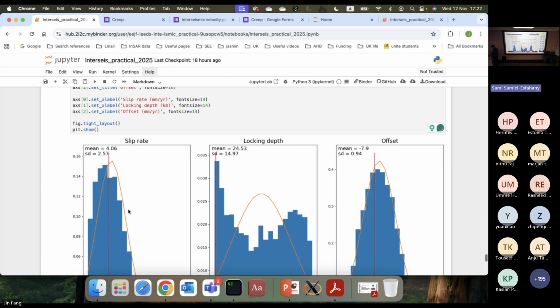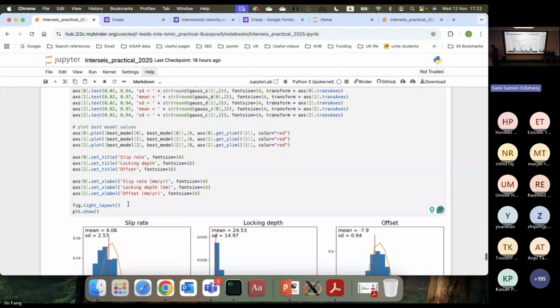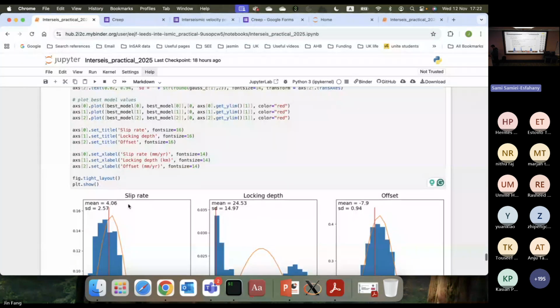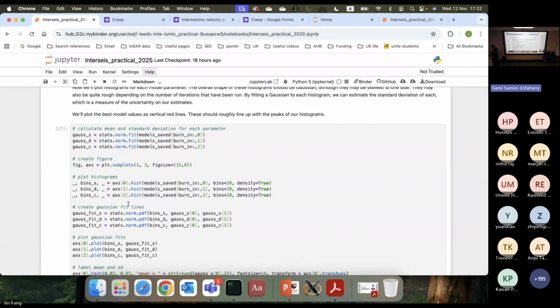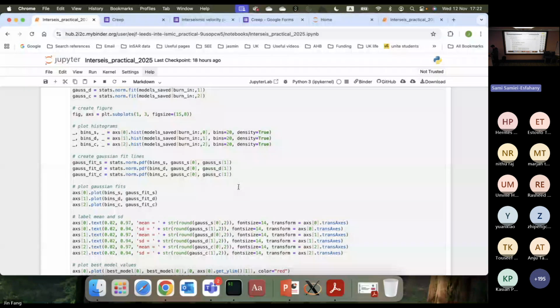Like this. Ideally, each histogram should be roughly Gaussian, but sometimes they may be skewed or rough, depending on the number of iterations that have been run or the parameter step sizes.